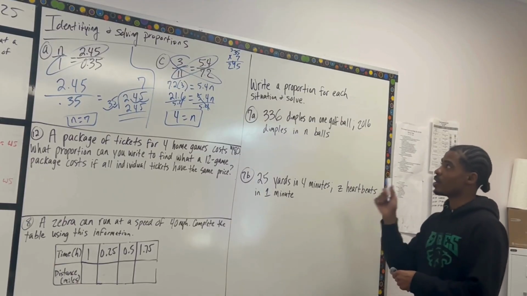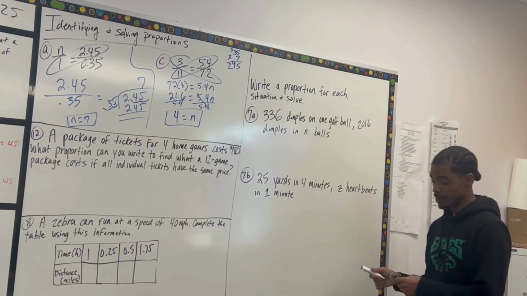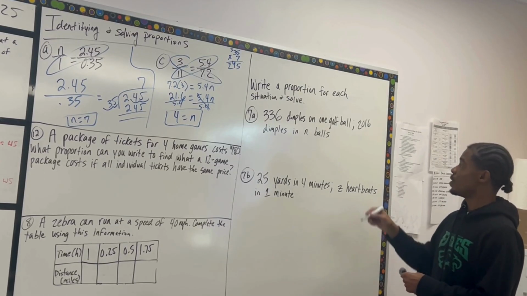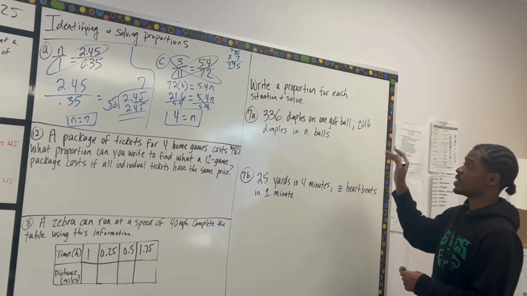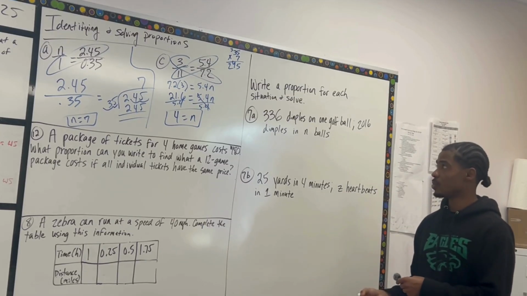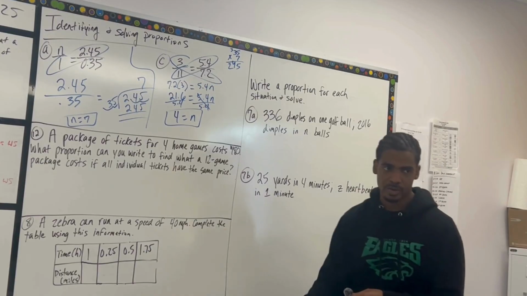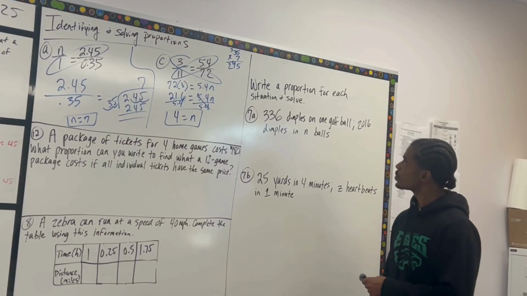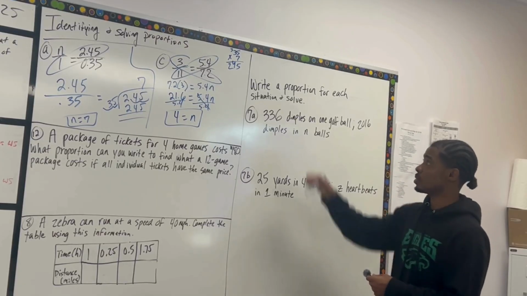The directions say write a proportion for each situation and solve. So 336 dimples on one golf ball, and then we have 2016 dimples in golf balls. Anybody, what do we want to do first? A proportion.